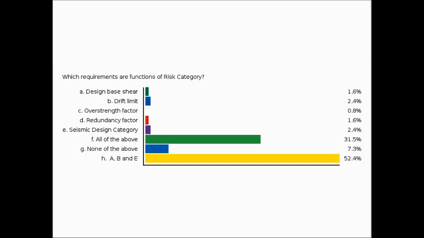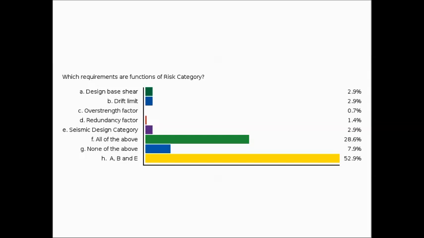All right. Let's go ahead and close that poll and skip the results. About 29% said F, all of the above, and about half of you said A, B, and E were functions of risk category. Raphael?